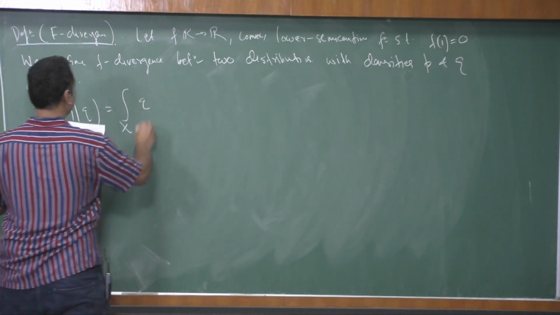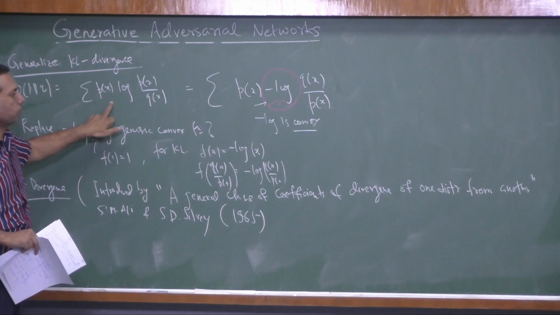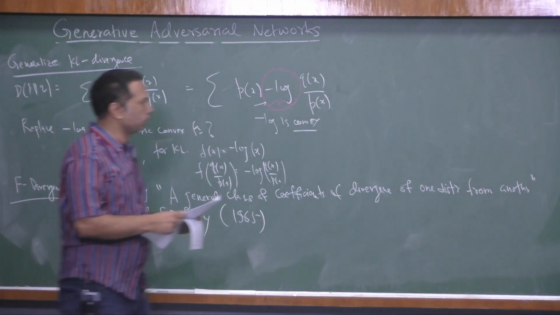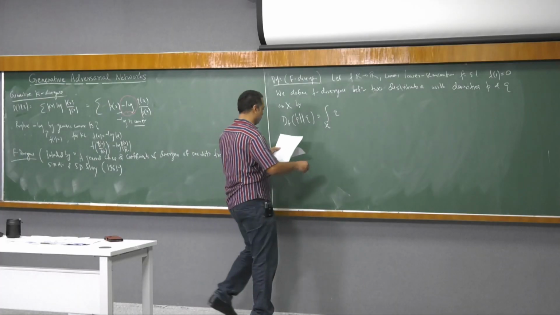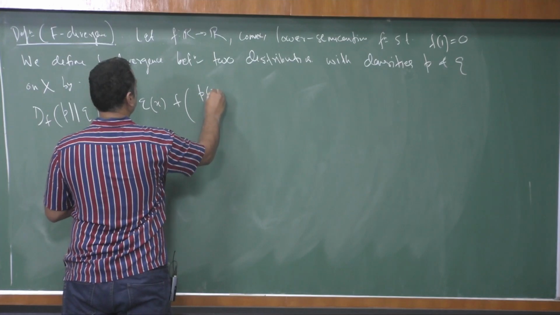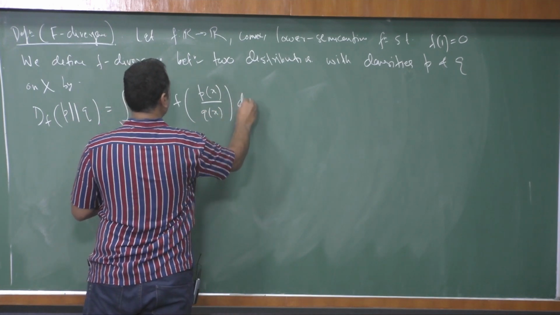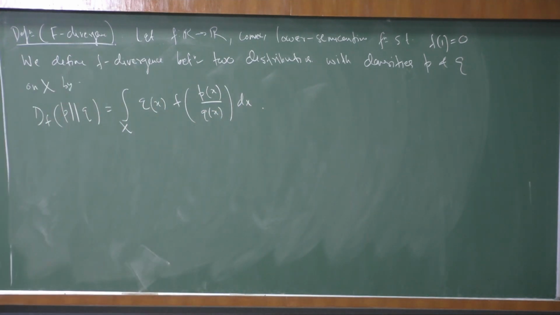So we use the integral form of the expectation, just replace the sum by an integral. Sometimes we use discrete notation, sometimes integral notation, but they are similar. It is the integral of q(x) f of p(x) by q(x) dx. If you compare with the GAN, the p and q seem to be flipped, but that's fine, everything fits there.